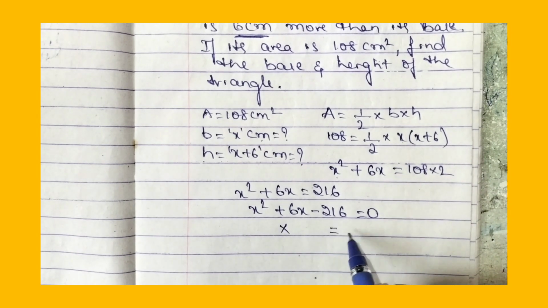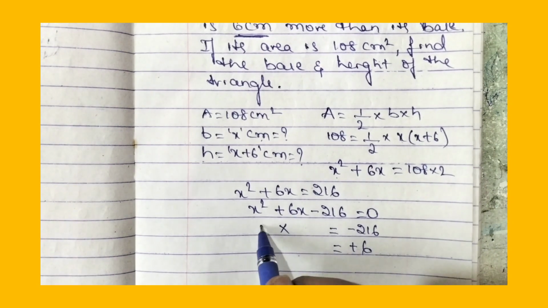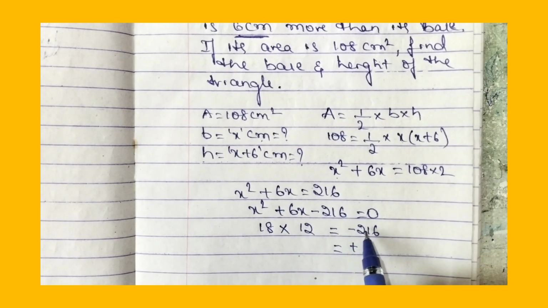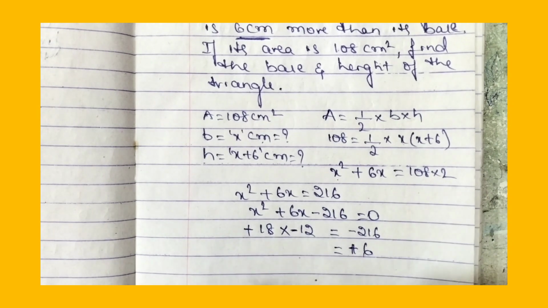If you multiply two numbers, you have to get minus 216, and if you add or subtract, you have to get plus 6. Therefore, one is 18, another is 12. 18 twelves are 216 and 18 minus 12 is 6. To get plus 6, the bigger number takes plus and the smaller number minus.